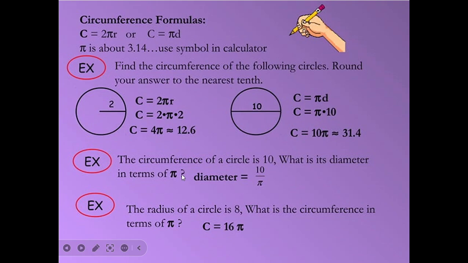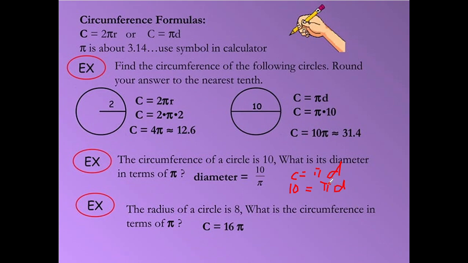So we are looking for the diameter. We have the formula C is equal to pi times d. Our circumference is 10, so 10 is equal to pi times d. What we are looking for is d, so what should remain on the right side is d.